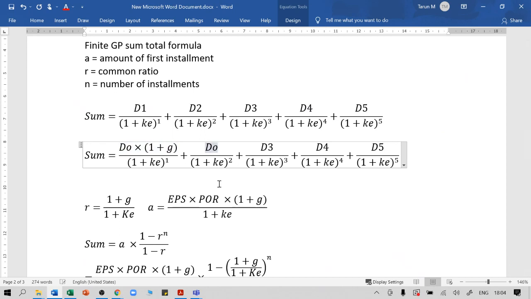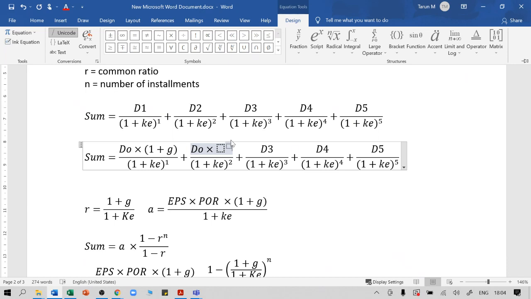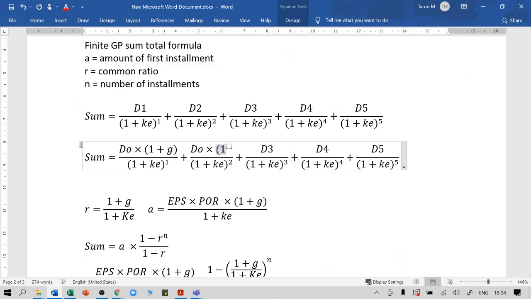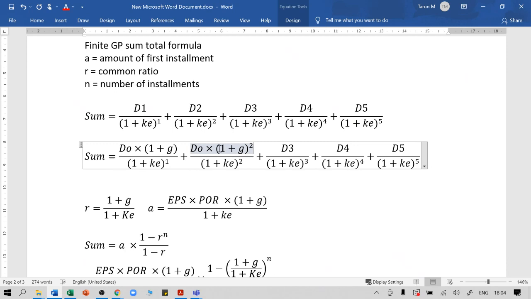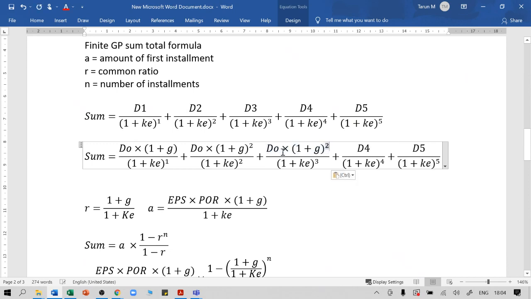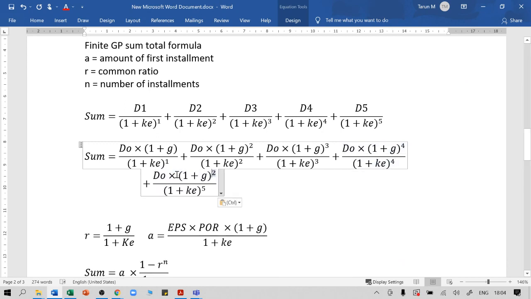D2 is also D0, but this time multiplied by 1 plus the growth rate raised to the power 2, because this is how you get the second year's dividend. You need to apply the growth rate 2 times, then you get the second year's dividend, then you get the third year's dividend, then this is how you get the fourth year's dividend, and then this is how you get the fifth year's dividend, right?